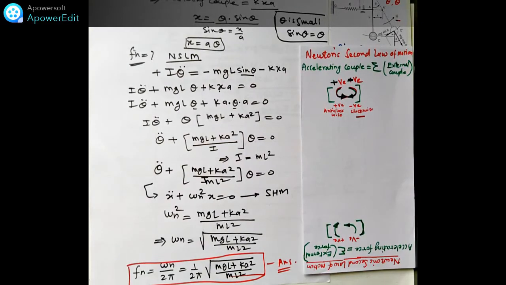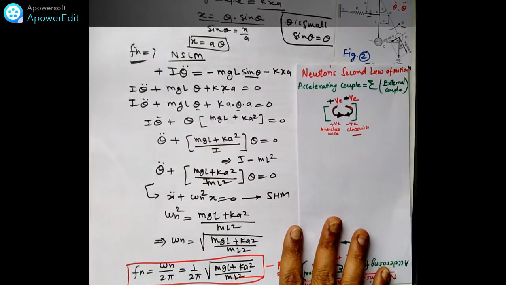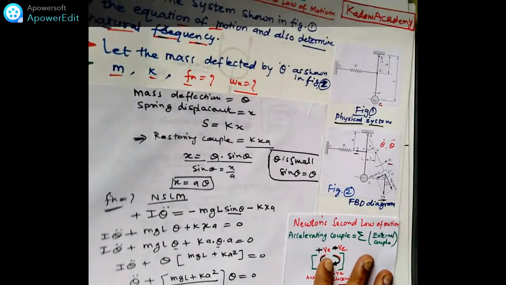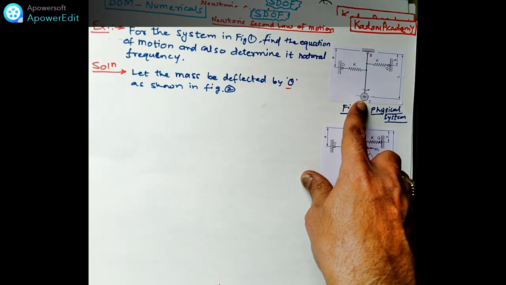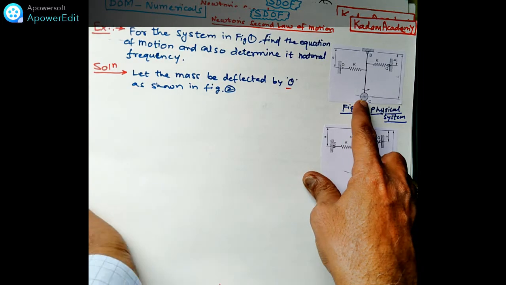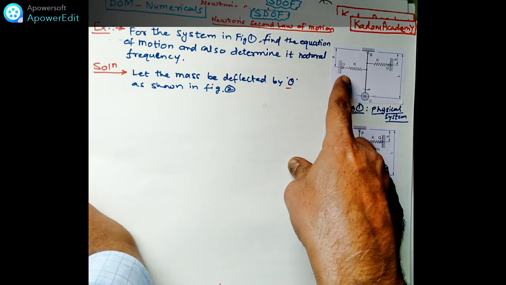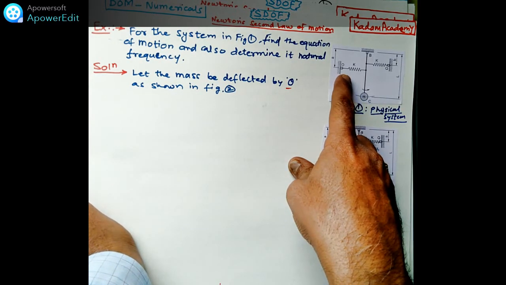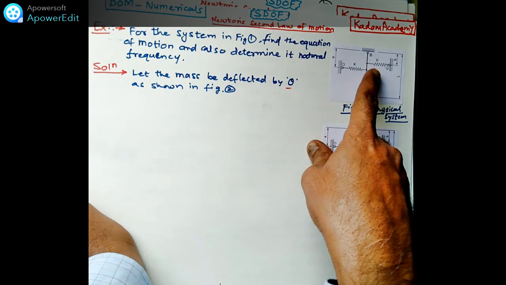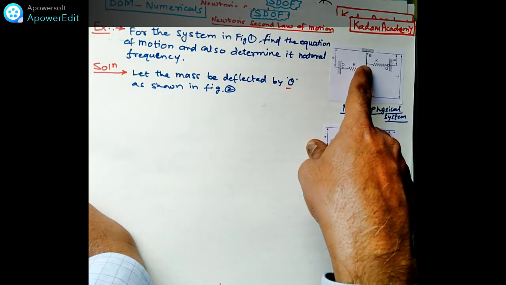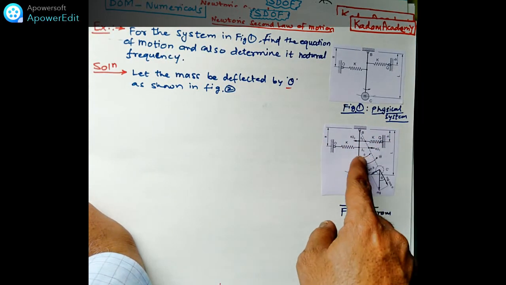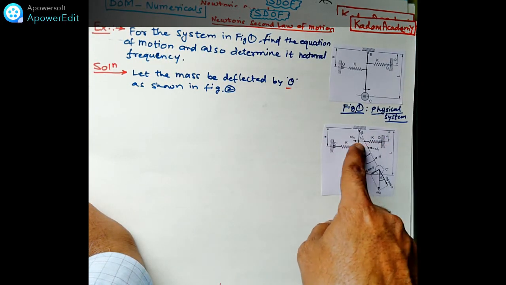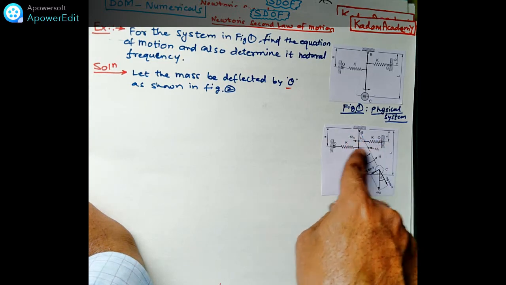So friend, like this you can solve various numericals. I will show you one numerical here also. So this is a suspended simple pendulum, and here the springs with stiffness K are attached on both sides at distances A and B. In this case delta 1 and delta 2, two deflections, are there.